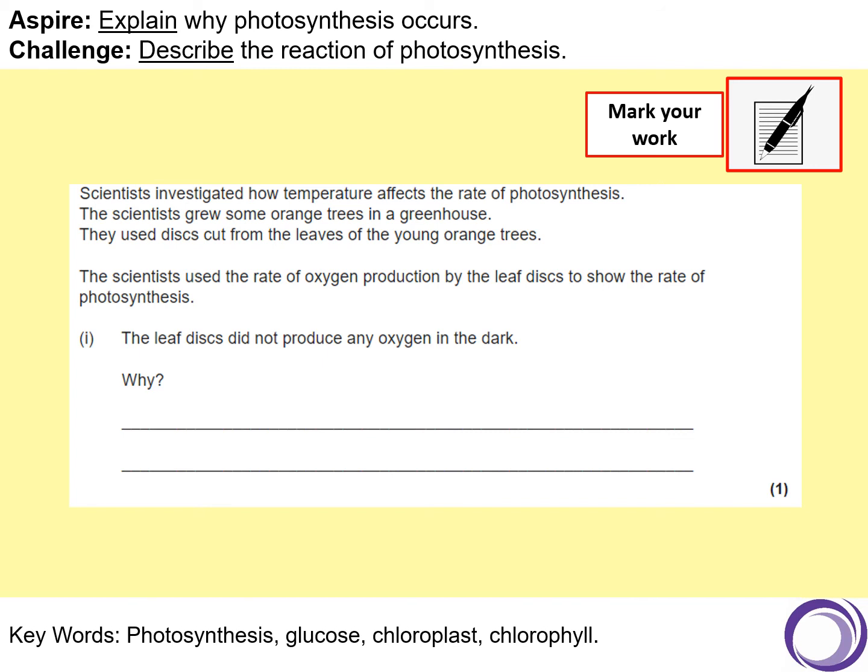I'm going to give you 1 minute to write this down. So the leaf discs did not produce any oxygen in the dark. Why didn't they? So 1 minute, off you go.